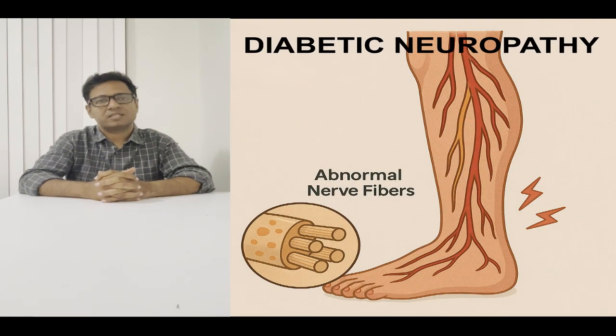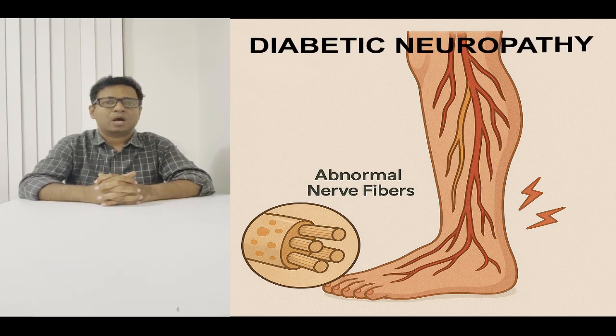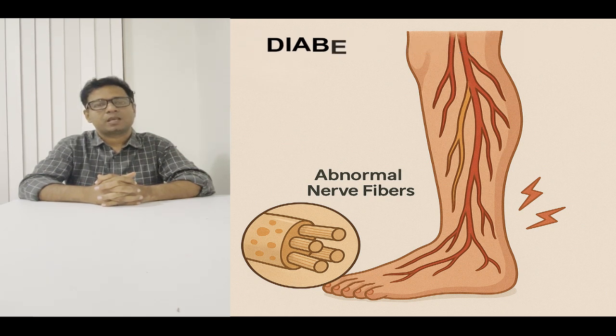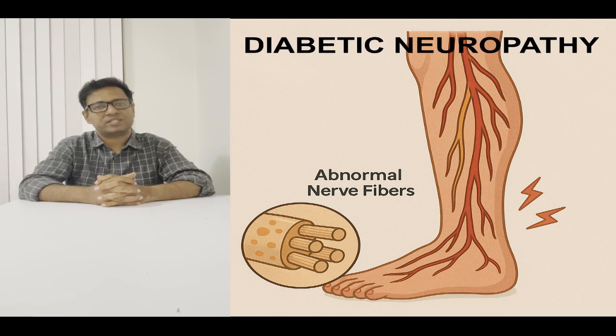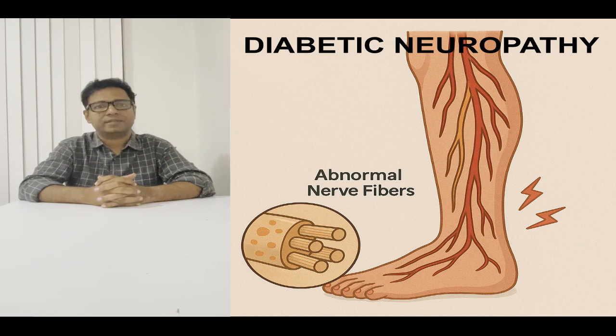Finally, we will discuss diabetic neuropathy. Diabetic neuropathy is a complication due to affected small blood vessels that supply the nerves. It usually manifests as numbness, pain, tingling in the foot or hands.